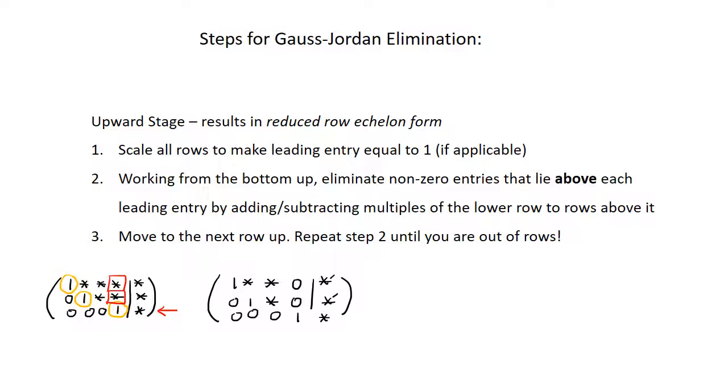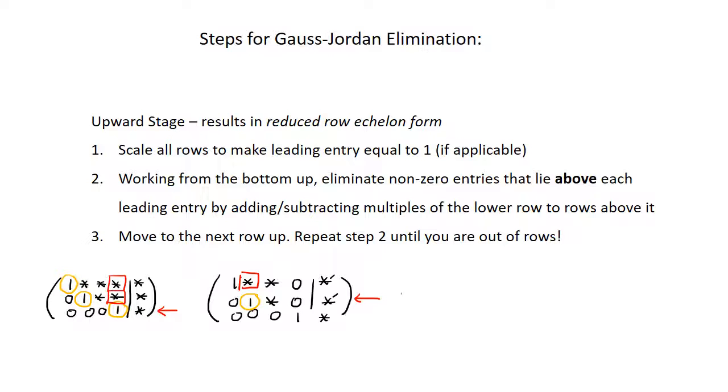Now we move on to the next row. We find our leading entry, and we're going to clear out everything that lives above the leading entry by, in this case, taking R1 minus star times R2.